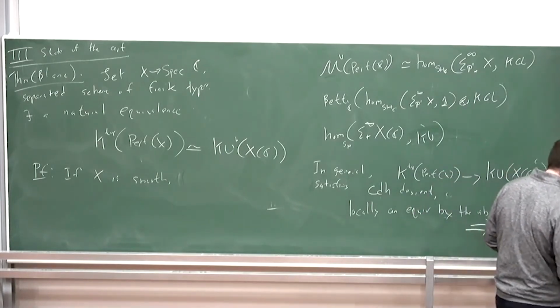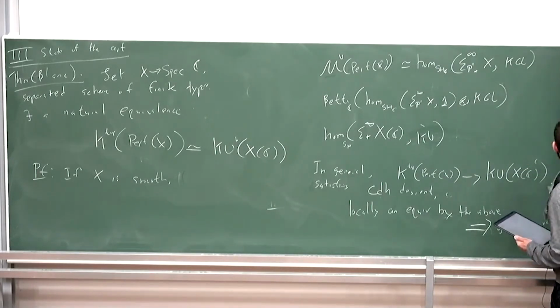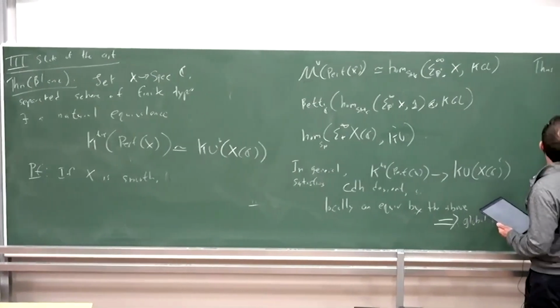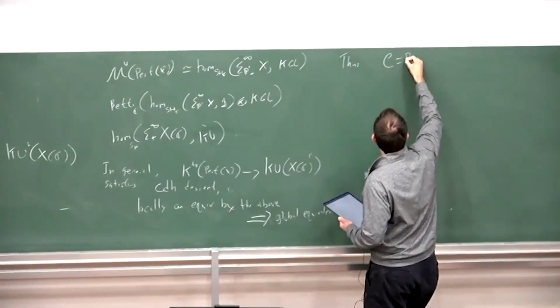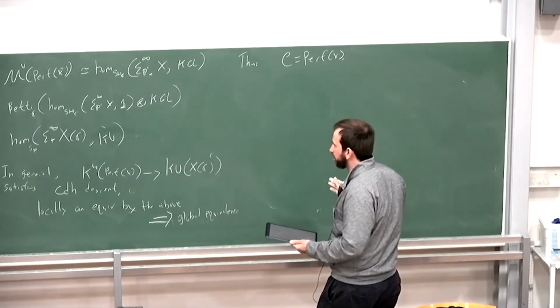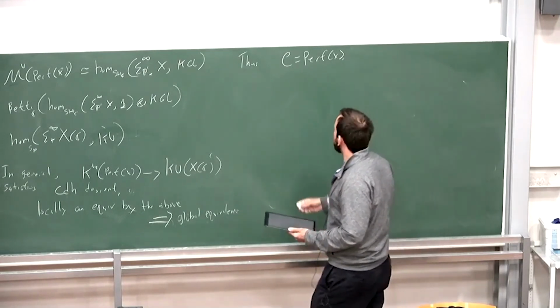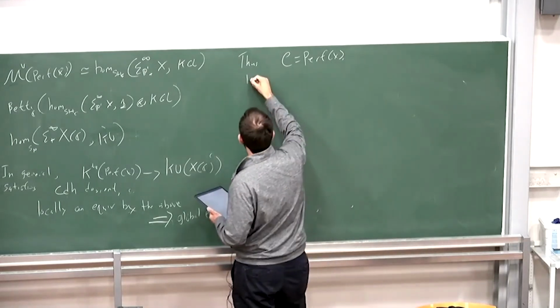All right, and so in particular for X, C equals perf X, and in fact we don't even need smooth and proper in this case because X is an arbitrary separated scheme of finite type. The lattice conjecture holds.